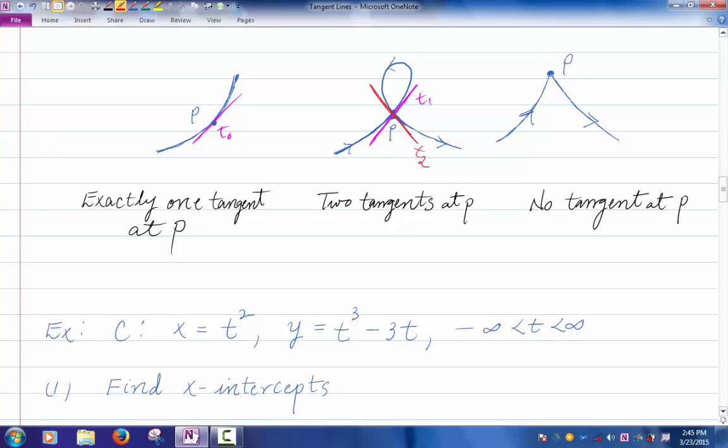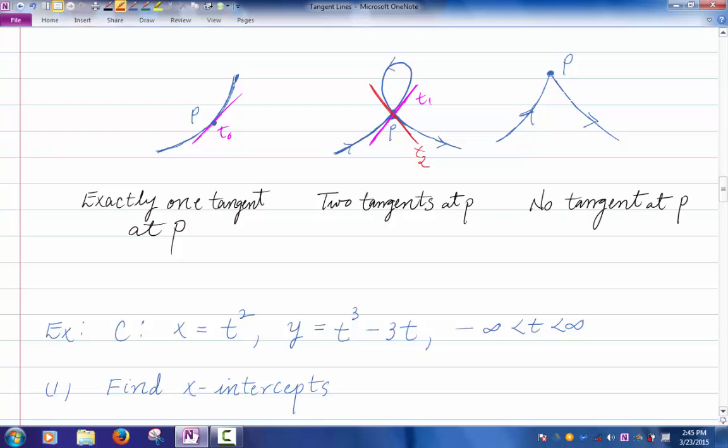So think about it in terms of the velocity. There is a velocity at time T1 at P. But when it comes back to P again, there is another velocity at the same point P, but at a different time, right? So it does make sense that at the point P you have two distinct tangents.